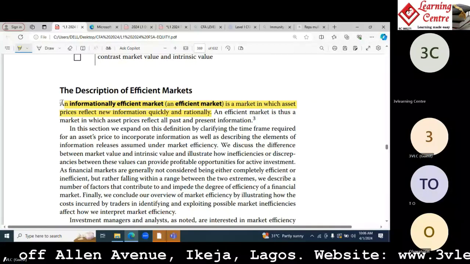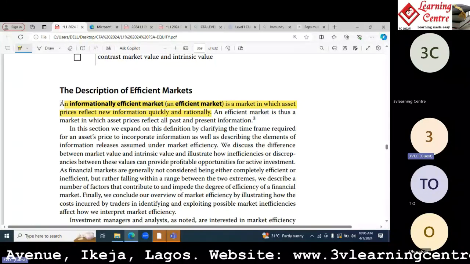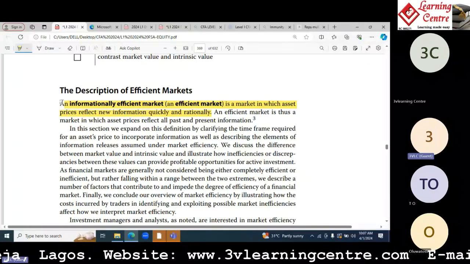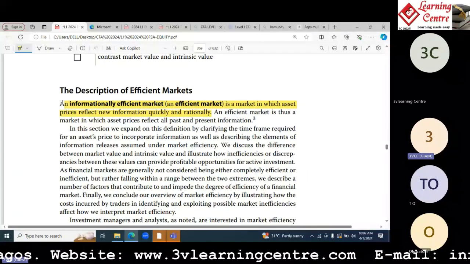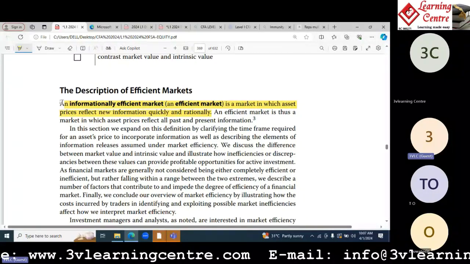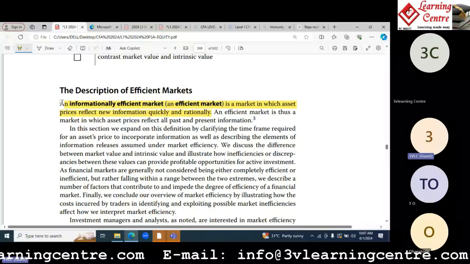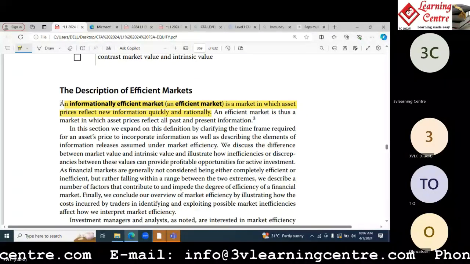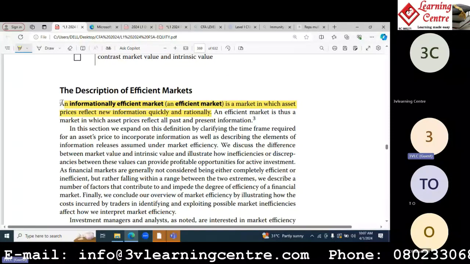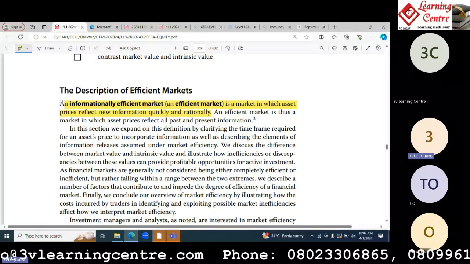Future information. So we are looking at information around three buckets. The past should reflect what you knew prior to now about the investment, it should reflect what you know now, and it should also reflect what you know about the future. So when you say a market is informationally efficient, it should reflect everything that has to do with information.